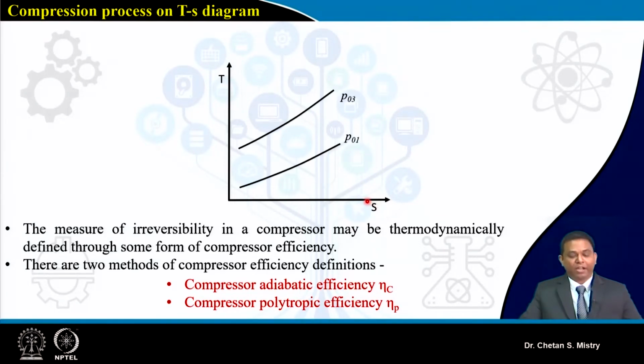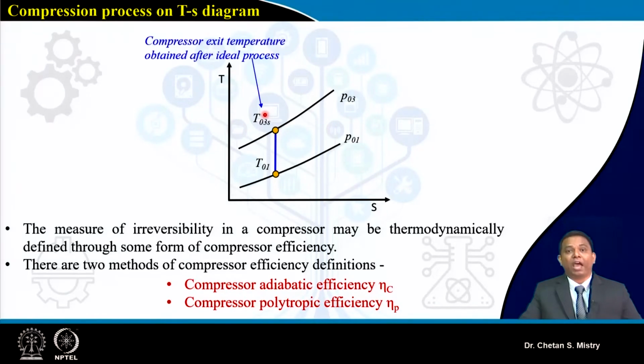I will have my entry pressure P01 and my exit pressure, which I am writing as P03. Ideally I can assume my compression process as an isentropic process, with entry temperature T01 and exit temperature T03S. This represents my ideal condition.